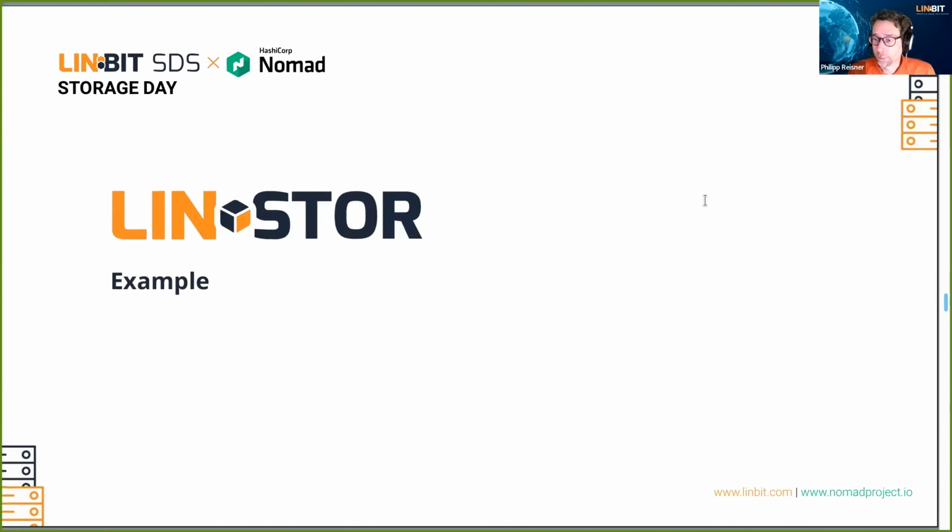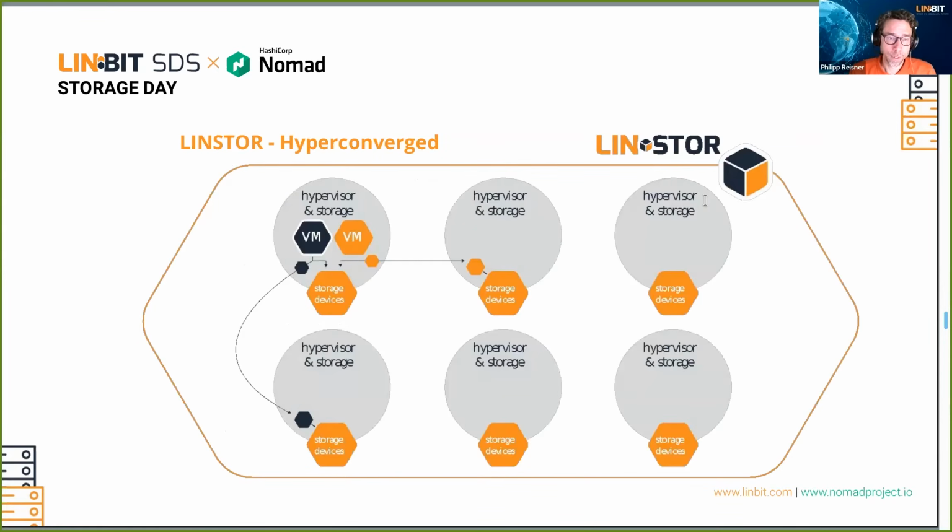I always prefer to explain it by example. So let's say we have a cluster of 6 nodes, and each of the nodes has enough CPU and memory to run workload, so VMs or containers. In this case, it would be containers, and it has built-in storage devices. Now, if we get a request for a new volume over the CSI driver, we already know where the workload will be initially started.